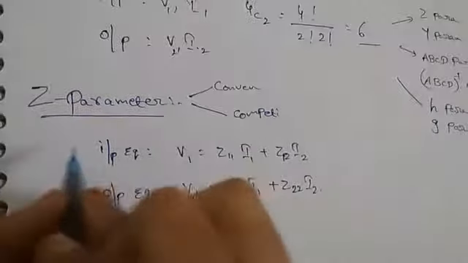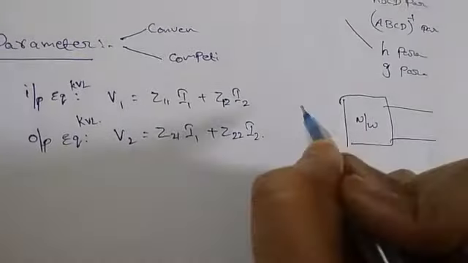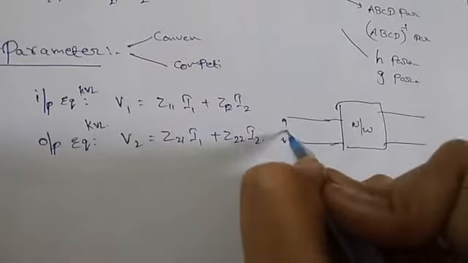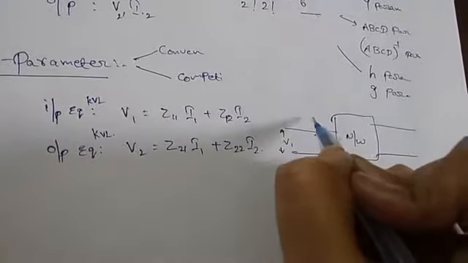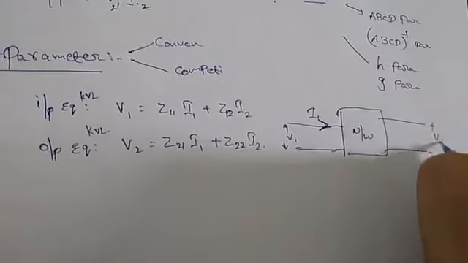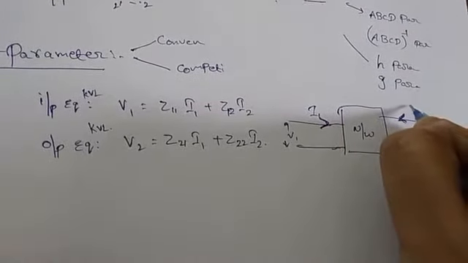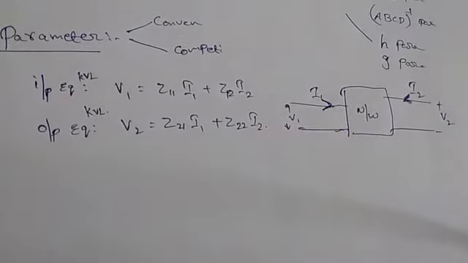I am just representing the two-port network here. This is my input voltage V1 and input current I1 directed towards the network. At the same time, the output voltage, and the output current I am also considering towards the circuit.